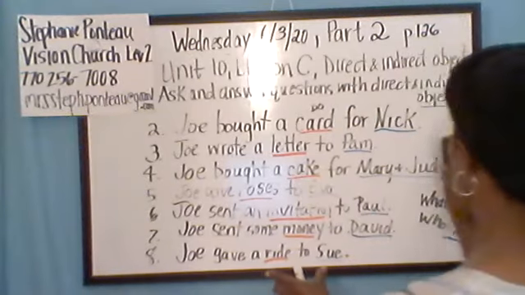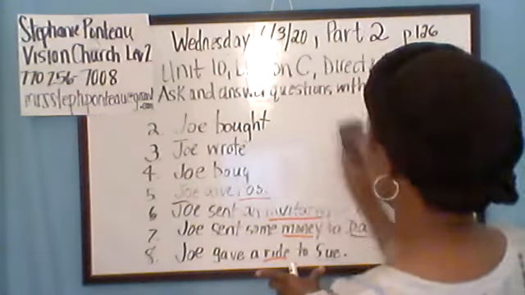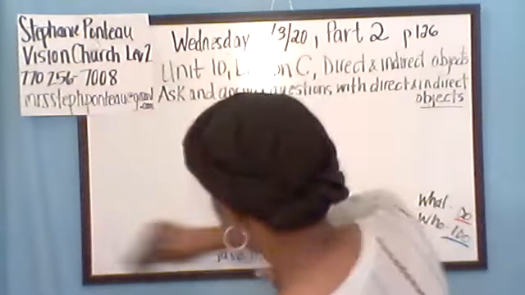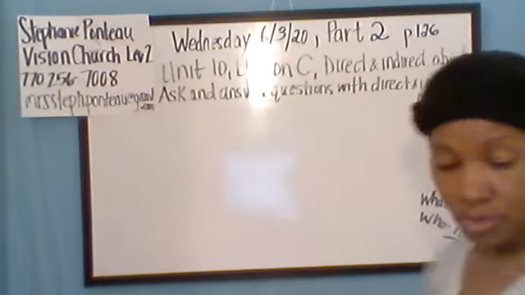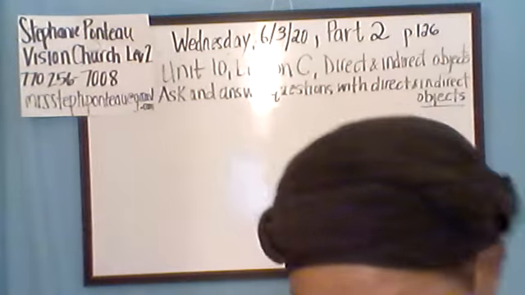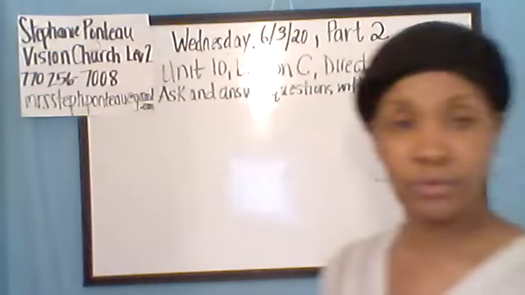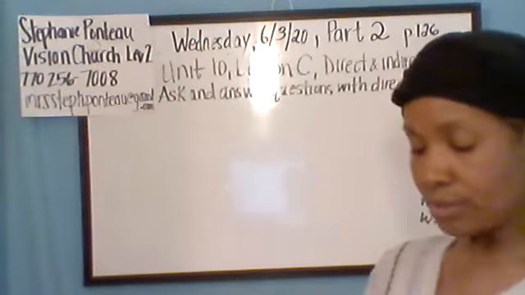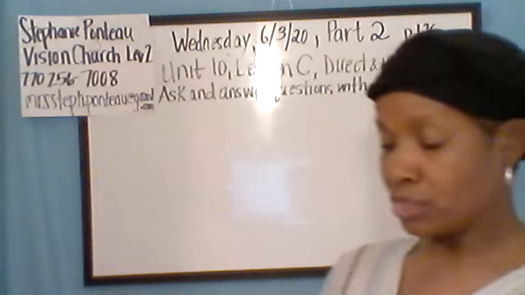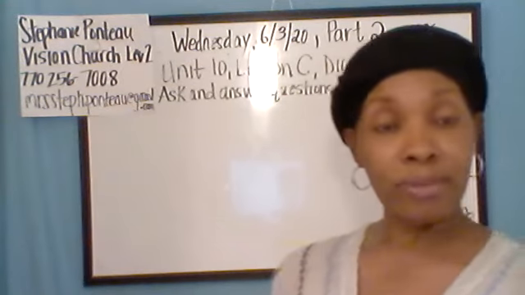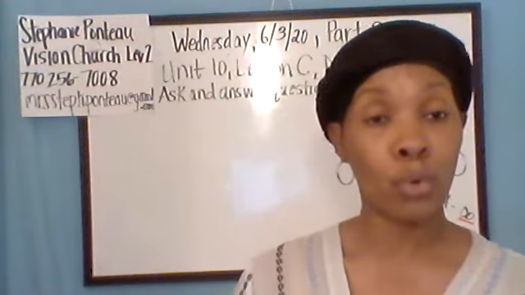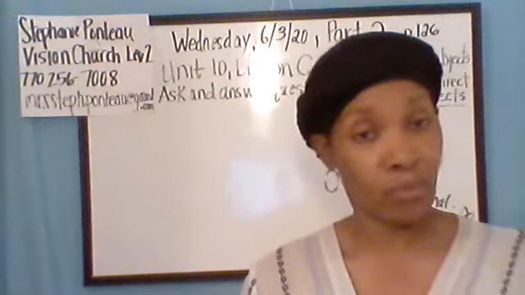So I'm going to quickly erase this so I can write the other sentences for you. And I'm going to give you some good homework to practice the direct and indirect objects. I think it can be a little confusing. All right, so complete the conversations, and we're going to use a pronoun for the indirect object. Now remember, the indirect object is the who that receives the direct object.